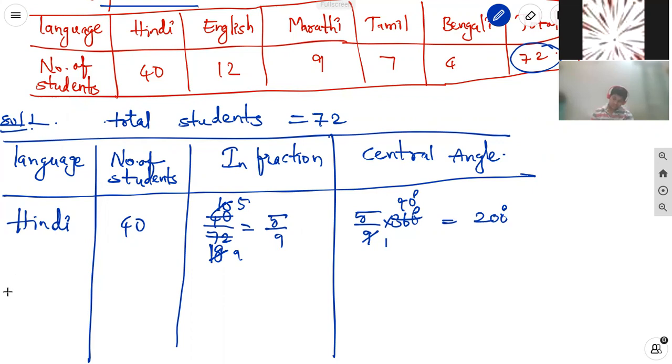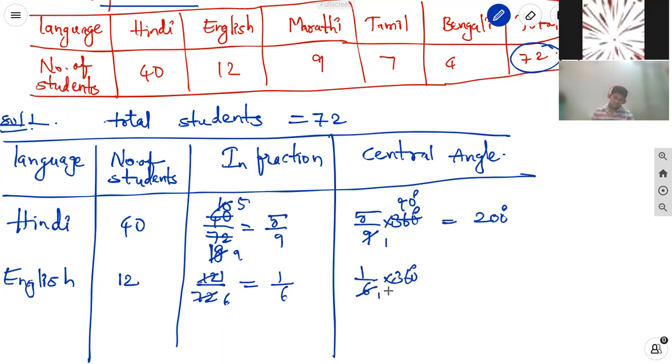The central angle. Next, English. English equal to 12 students. 12 by 72. 12 ones are 12, 12 sixes are 72. It's 1 by 6. 1 by 6 into 360 degrees. 6 ones are 6, 60 degrees. It is equal to 60 degrees. Next, Marathi.